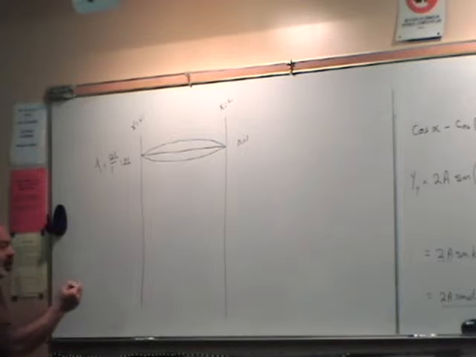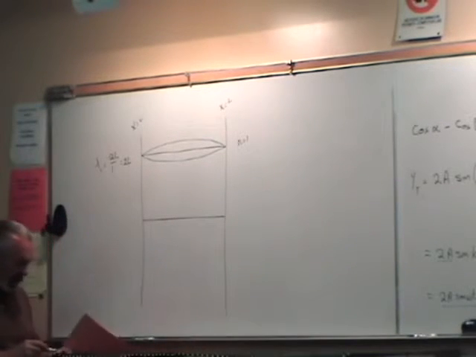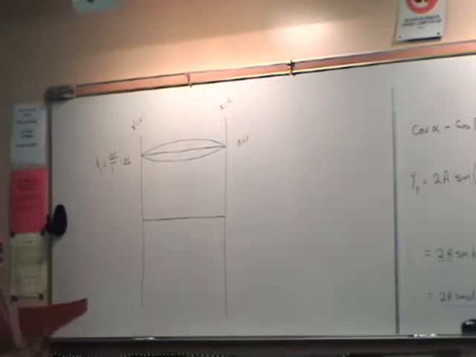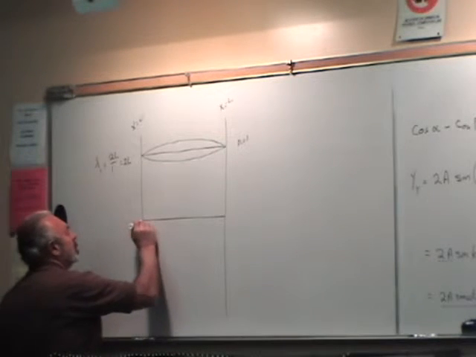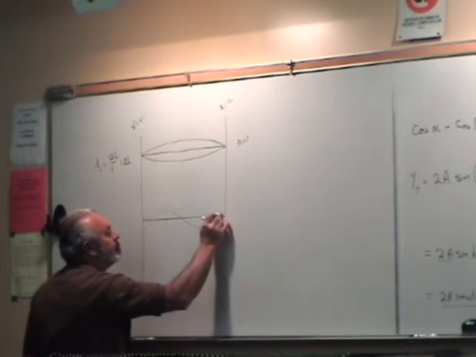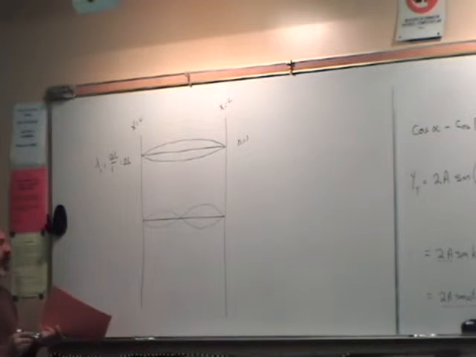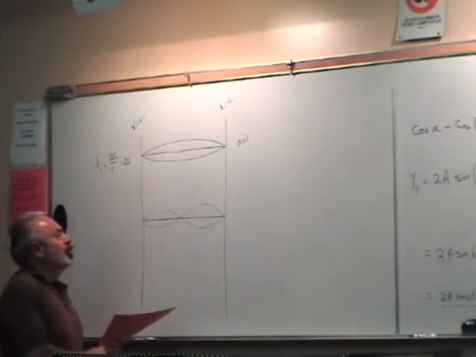Now, the next situation that would work, imagine this. Node at each end, at least one antinode, but we could draw this, couldn't we? So there's a second standing wave where n equals 2.